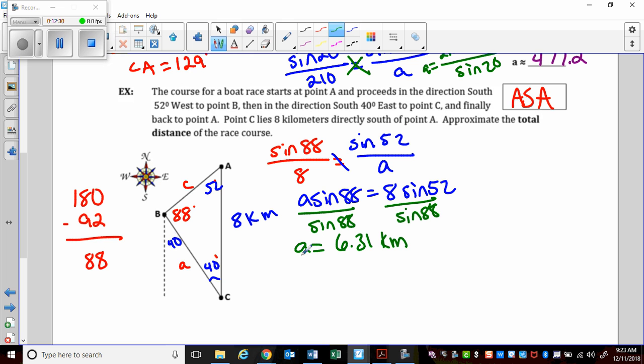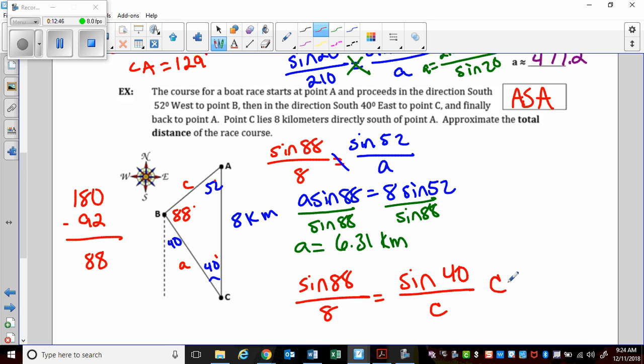I want you guys to find C. So we're going to set them up the same way, still sine of 88 over 8 equals sine of 40 over C. And I want you to tell me what C is, and then we have to add them all up.